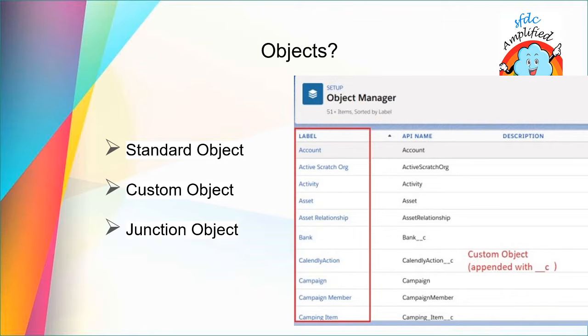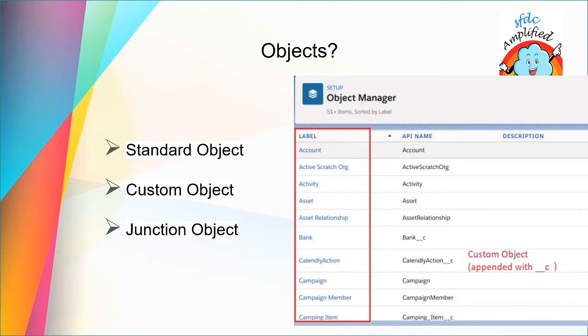Those are custom objects, like tables in Salesforce which a user has created. Other than that, the objects you see such as account, activity, asset relationship, are predefined, and those are called standard objects in Salesforce. And the ones which are appended with __c are called custom objects.